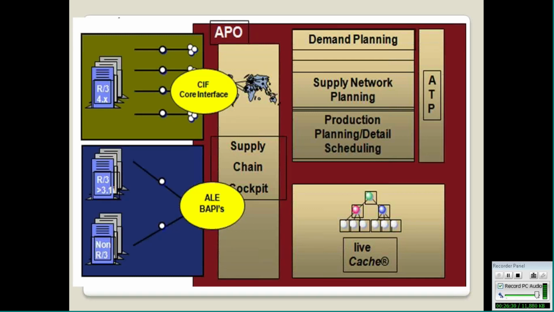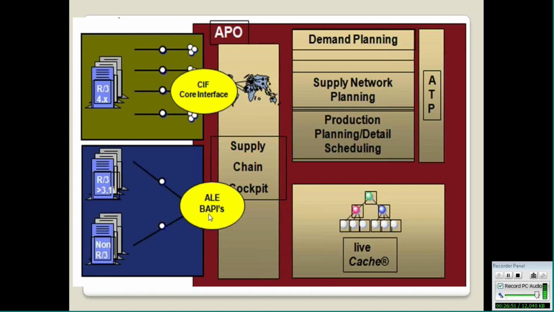And for integration, the standard SAP integration is CIF, core interface, with R3 and APO. If the source system is not an SAP system, we can integrate with ALE and BAPIs. And SNP is always integrated in real time with the ECC system.